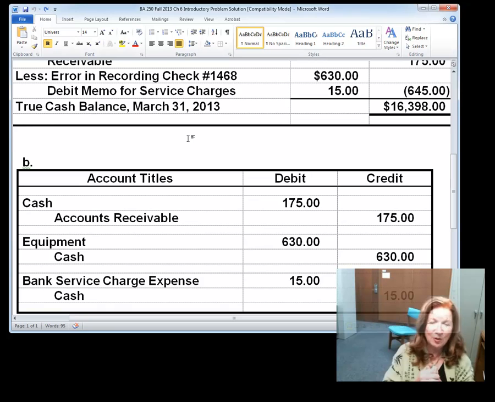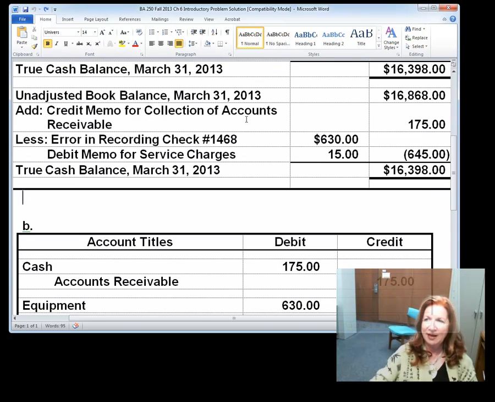And then those two coming to an equal number, equaling one another. And then, as we see here, 16,398, 16,398. And then writing the journal entries so that the cash account equals the true cash, as they call it in this book.